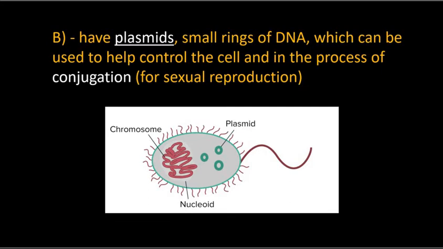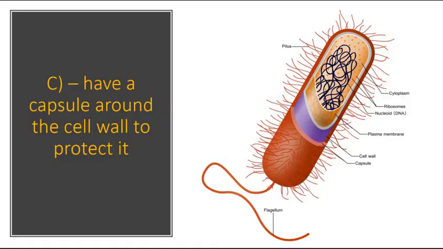Okay, something that's good for them and not so good for us. Bacteria have a capsule around their cell wall. Now if you look at the picture, they already have this cell wall that protects it around the outside, but then they have this additional protection around that, which is the capsule. Now the capsule protects the bacteria from things like drying out.